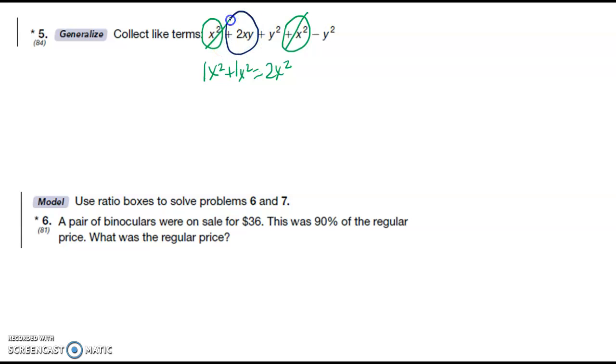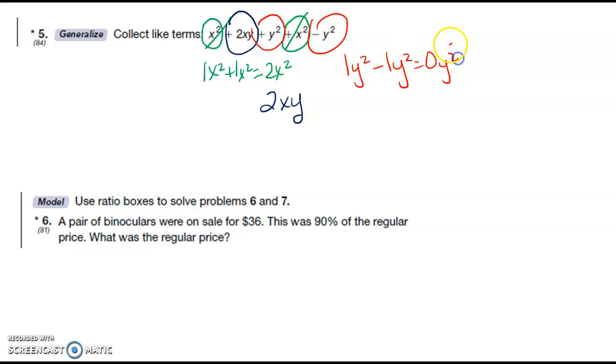And then I have an xy, and I don't have another xy, so we're just going to put 2xy here. And then I have 1y squared minus 1y squared, which is 0y squared, which means it doesn't show up in the end. So I have 2x squared plus 2xy, and that is my answer.